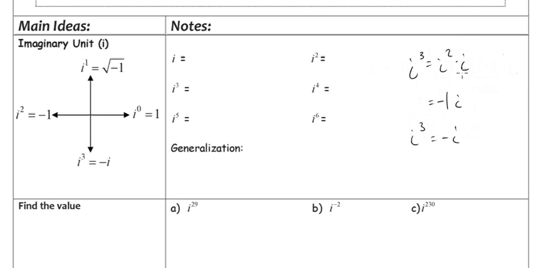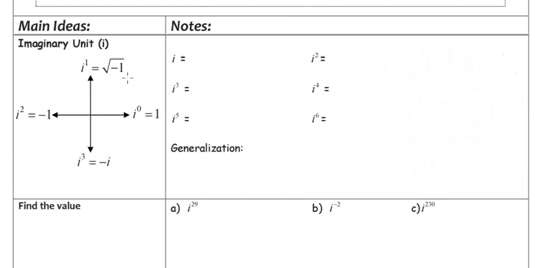And lastly, we multiply that by one more i, and we get i to the 4th. That's i to the 3rd times i, and remember i times i is really just -1. So we end up with -1 times -1, which is +1. We've gone full circle, and now we're back to 1 again. That's going to be the case with imaginary numbers: they do cycle through.